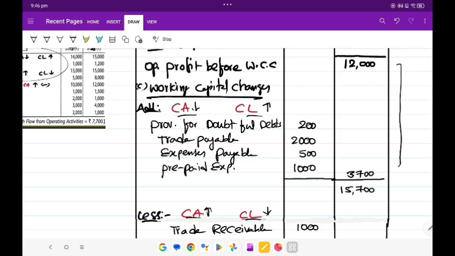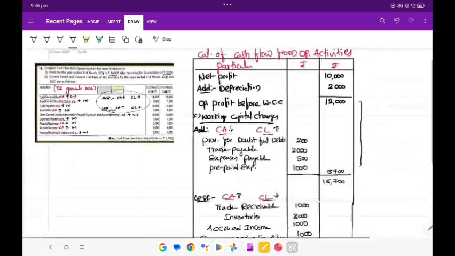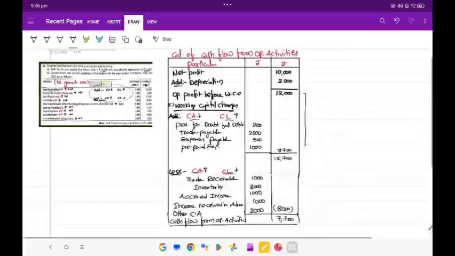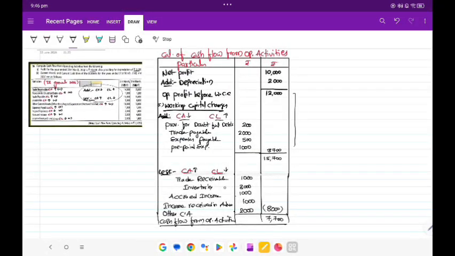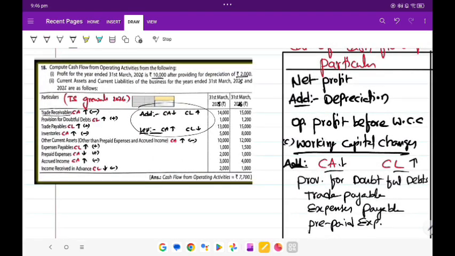This we add to 12,000 and get 15,700. Then we deduct a few items: trade receivables 1,000, inventories 3,000, accrued income 1,000, income received in advance 1,000, other current assets 2,000, total 8,000. So we get the answer 7,700. Hope you understand. You can refer to it repeatedly to understand the answer.